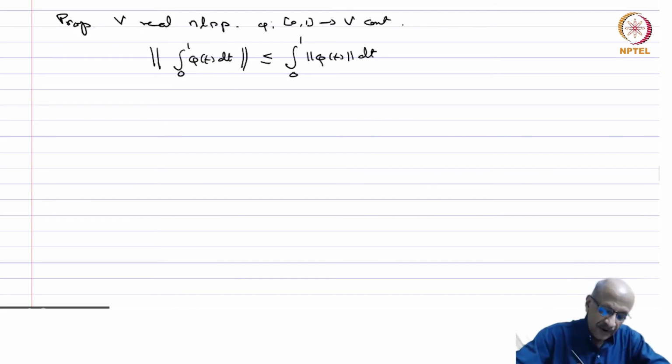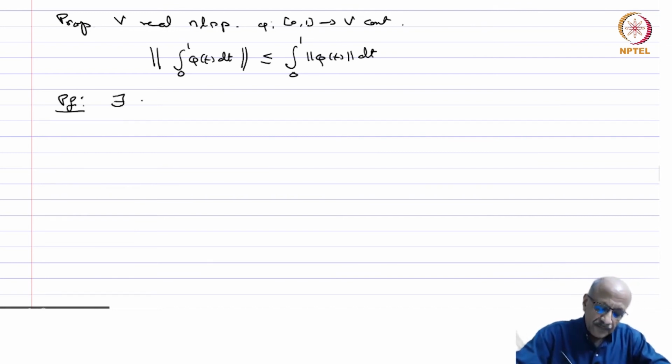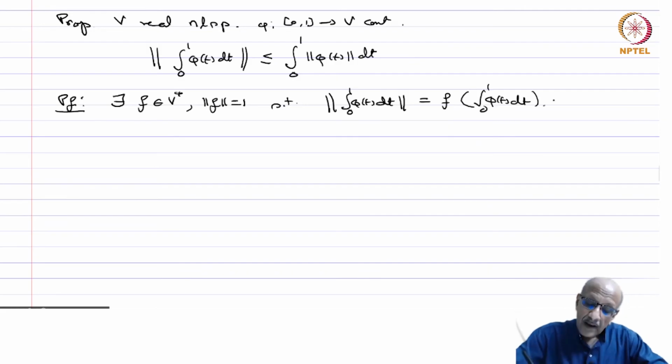Okay, so proof. Again, this is an application of the Hahn-Banach theorem. There exists f in V star, norm f equal to 1, such that the norm of the integral 0 to 1 of phi t dt is equal to f of the integral 0 to 1 of phi t dt.